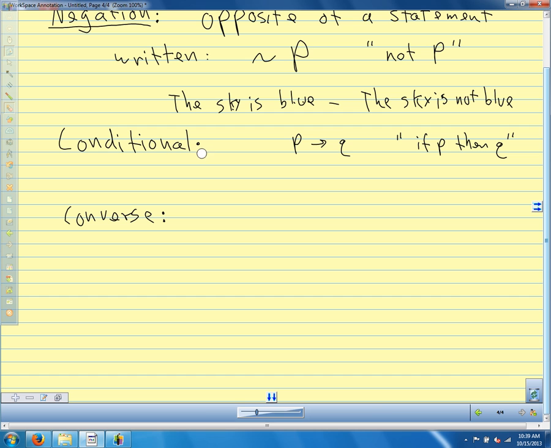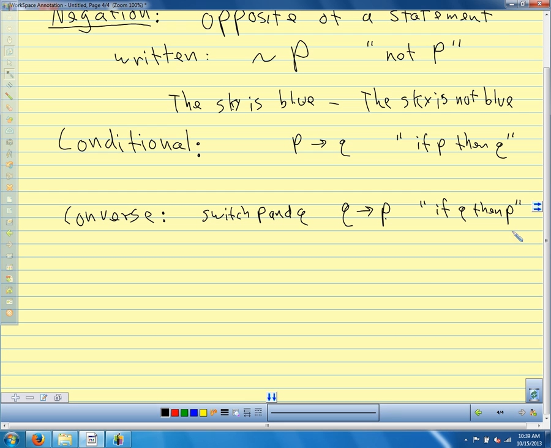And we form the converse just by changing the order. We reverse the order. So I'm going to write Q implies P, or if Q, then P. So the converse just means I've switched the order.